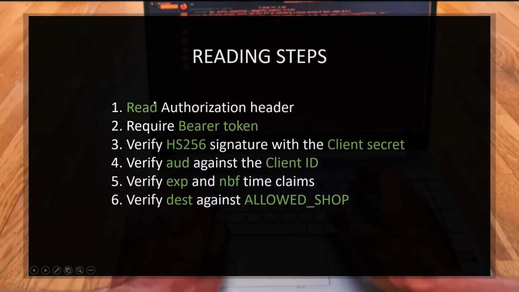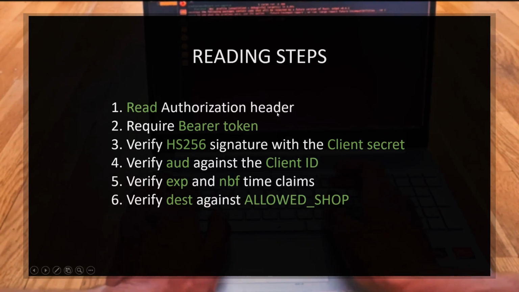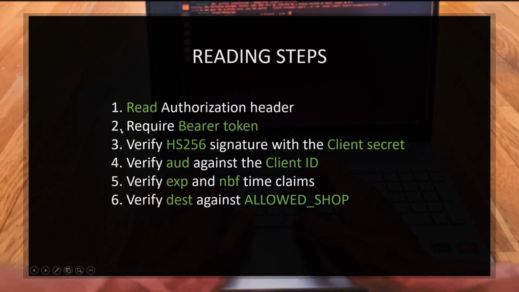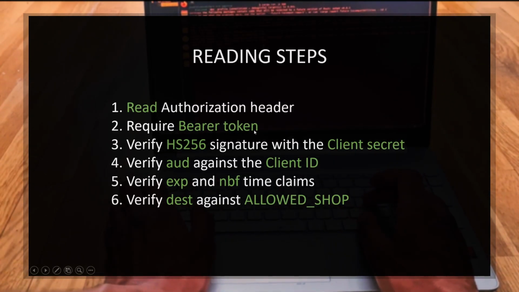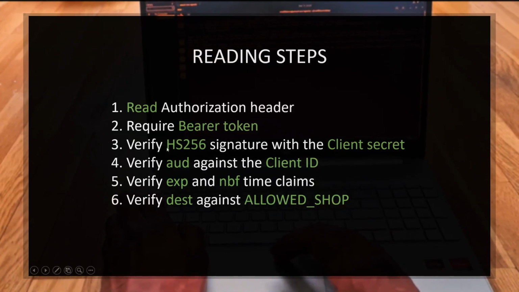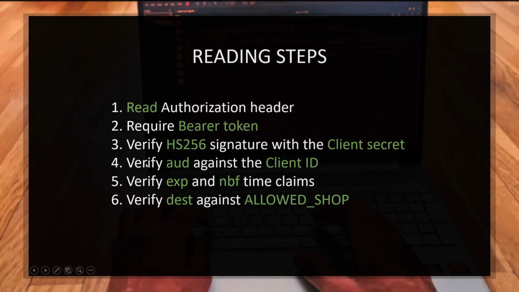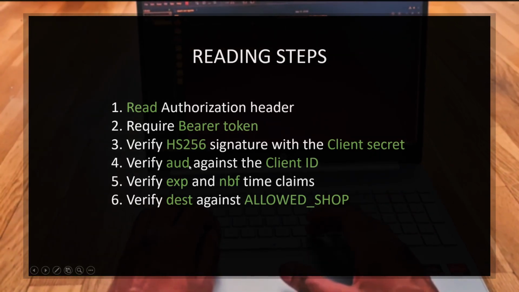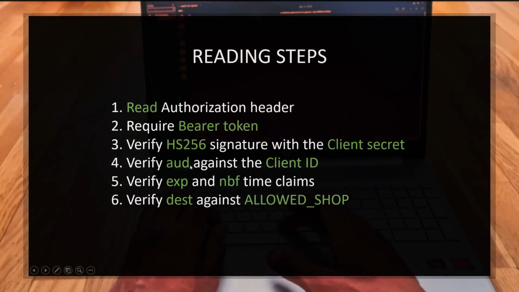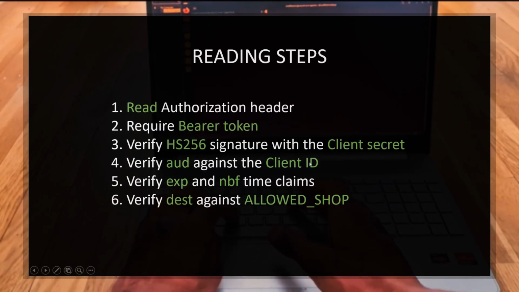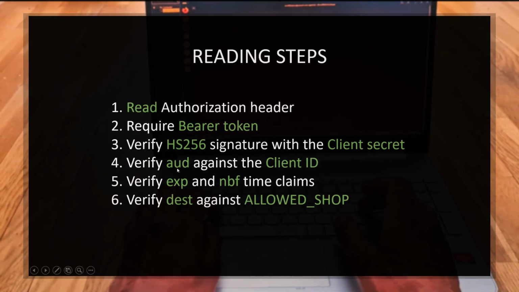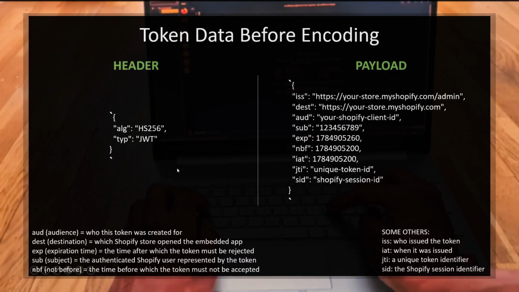The steps: 1. Read the authorization header. 2. Require a Bearer token. 3. Verify the HS256 signature with the client secret. Verify the audience against the client ID environment variable, and verify, so where is it?